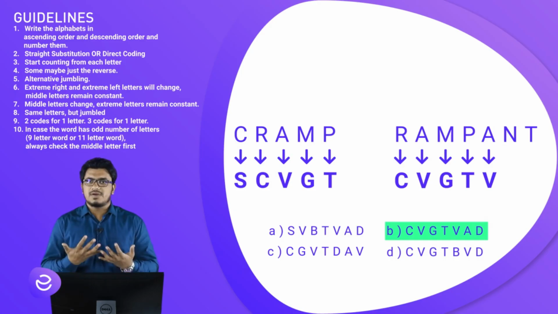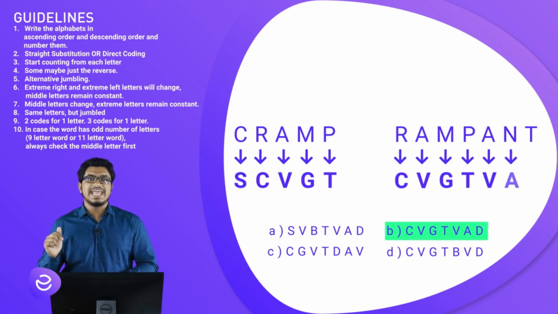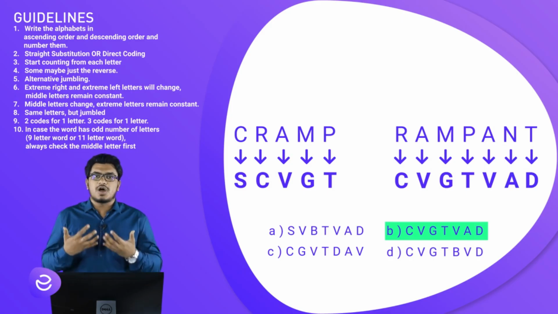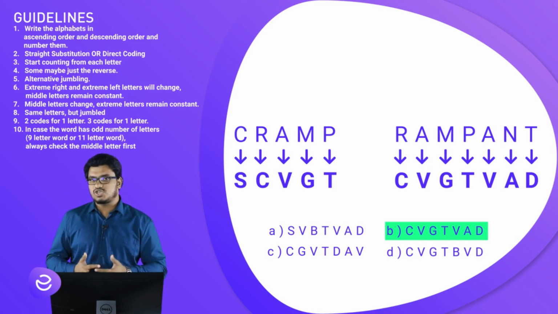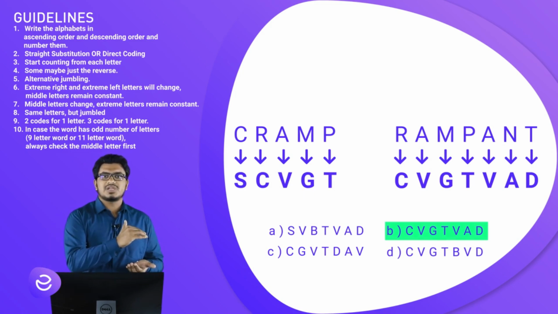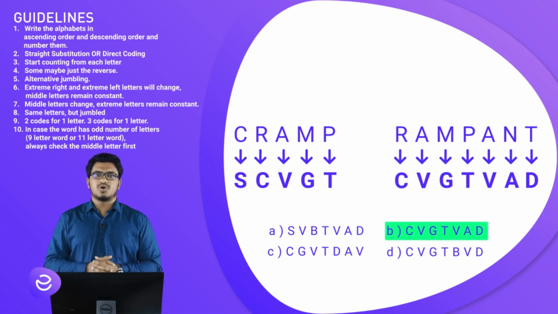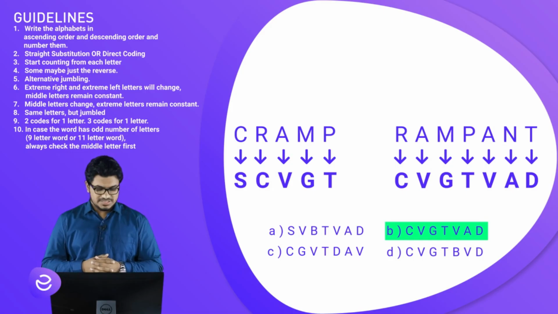So by using common sense, you can understand that the answer is C, V, G, T, V, A, D. You can understand that, right? That is how you solve a coding question. This is the most simple method, the straight substitution method. If you get a question like this, you directly substitute the relationship between the first two words into the third word, and then you will get the answer. That is the straight substitution method, or the direct coding method.